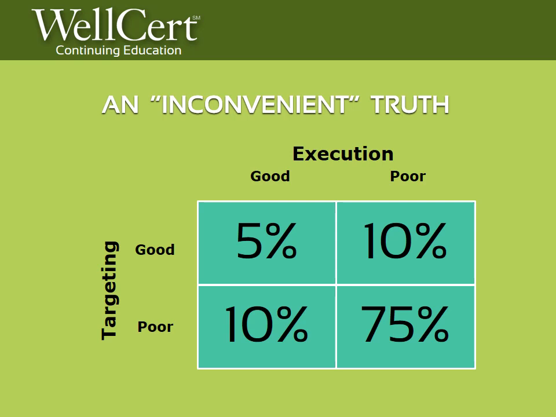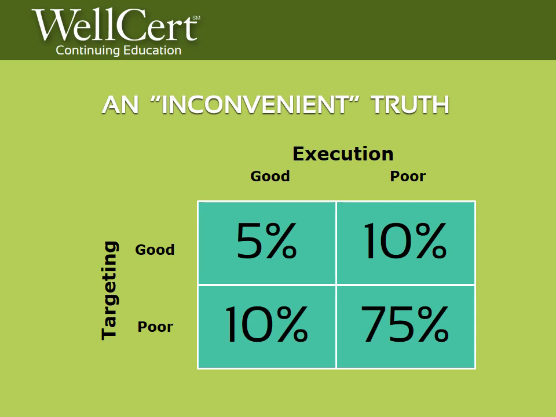Now on the other hand, we've got about 10% of that wellness activity in U.S. employers that has poor targeting and good execution. So they haven't done a very good job of setting the goals for their program or identifying the types of behaviors and issues they want to address, but they do a pretty good job, and that gives them some reasonable results.